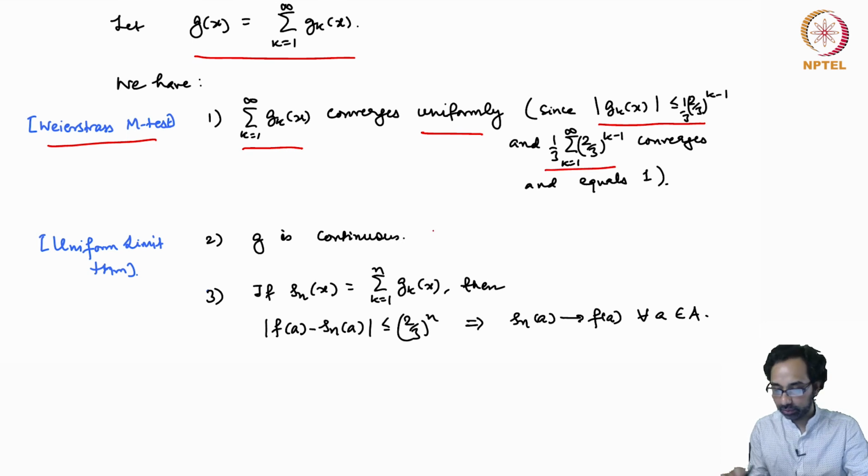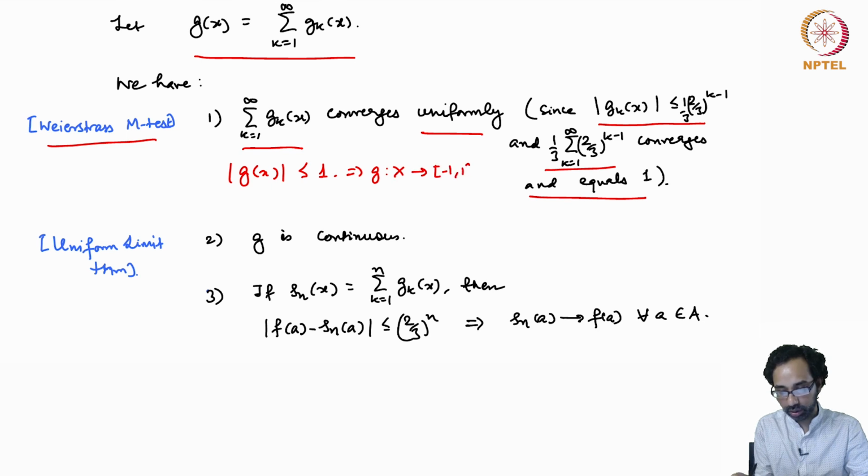So by the Weierstrass M-test the series converges uniformly, and in fact this series sums to 1. So in fact the modulus of g x is less than or equal to 1, which implies that g is a function from X to minus 1, 1, which we wanted. And secondly, g is continuous by the uniform limit theorem.